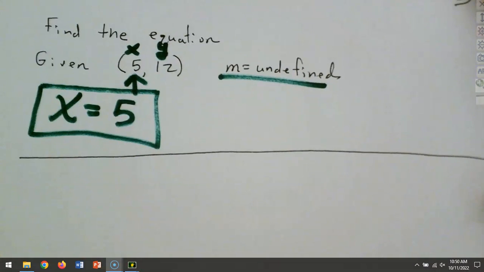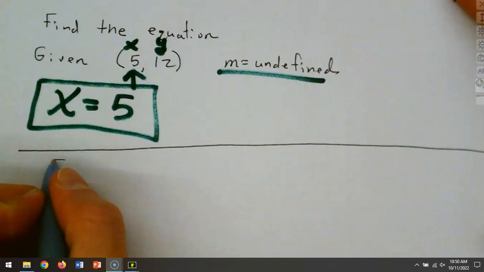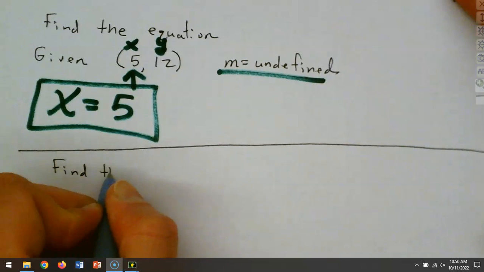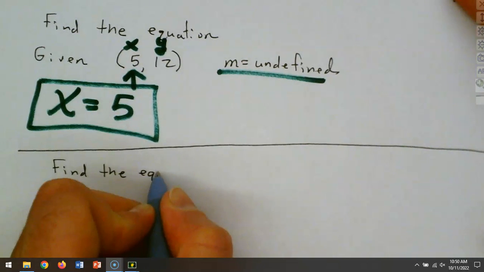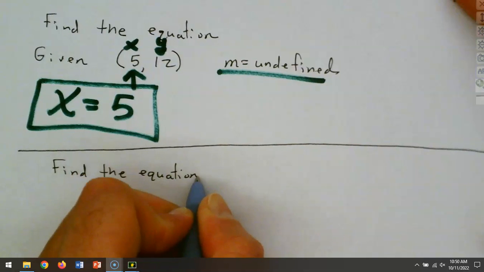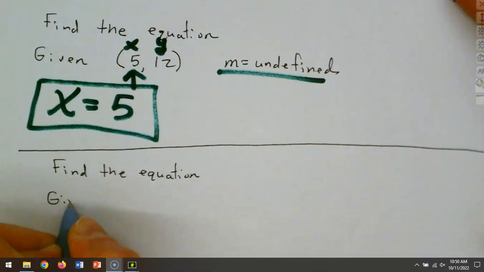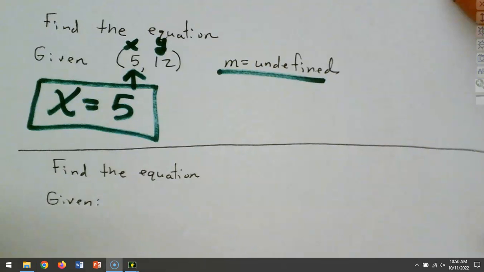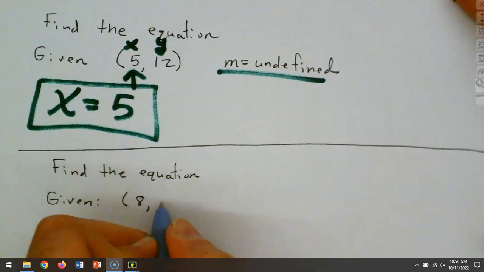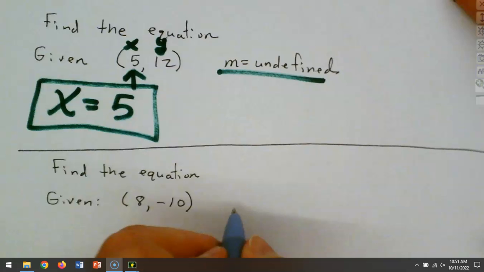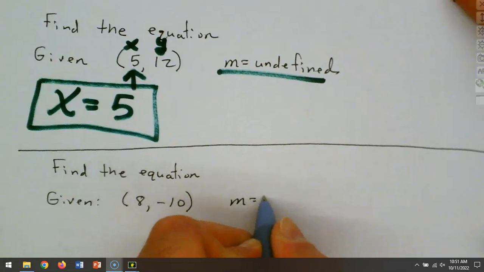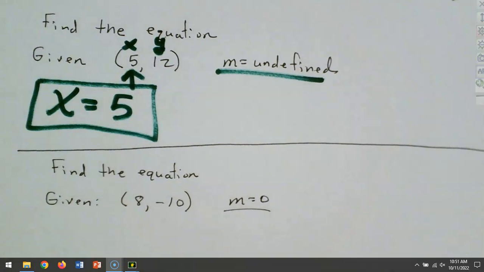Let's do another one. Find the equation again. Let's say you're given (8, negative 10), and your slope is 0. Now, we could work this out with the 0, and we could use the point-slope formula with the 0, but we really don't need to.